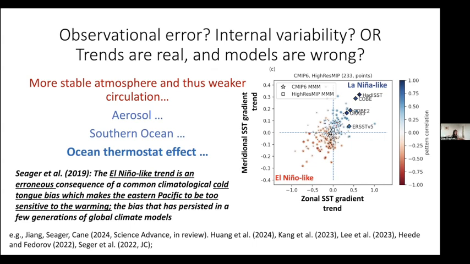Seager et al., Richard Seager is a scientist at Lamont, argue that the models cannot capture the ocean thermostat effect and thus fail to generate the observed La Nina-like pattern. It's because of the bias in the Pacific Cold Tongue region, which persists over generations of global model bias. Say we start to run the global models in 1960, and that bias has been there forever.